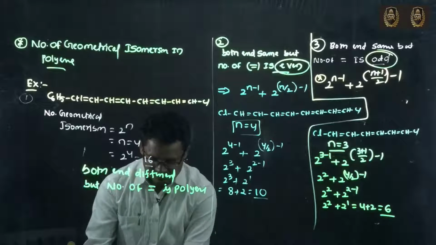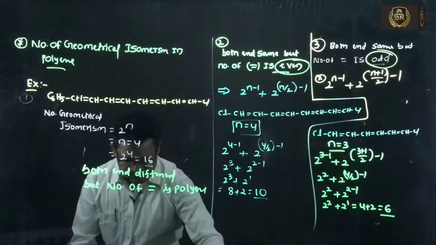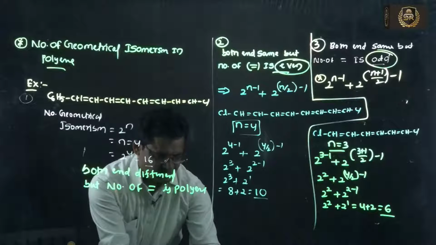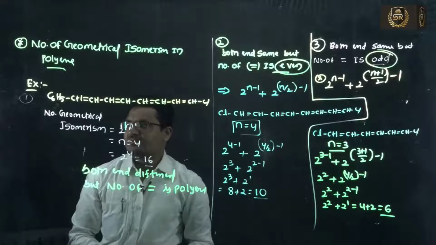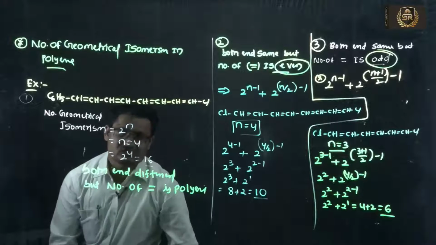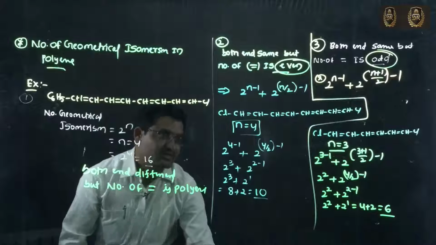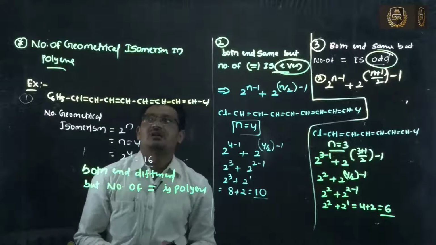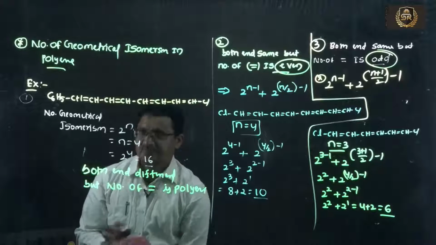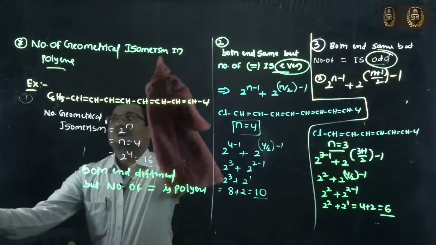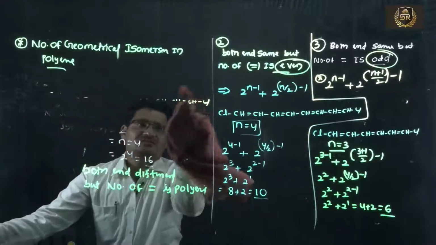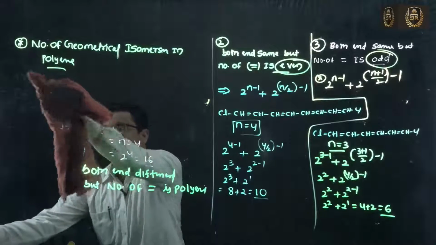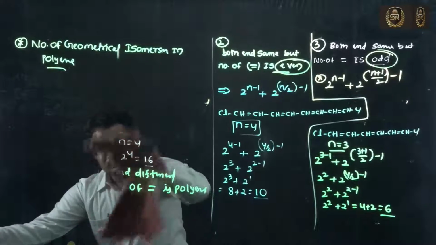After geometrical isomerism in polyene, next is the physical properties of cis-trans isomerism. What is the meaning of the physical properties of cis-trans isomerism? I will give a good technique for this one.